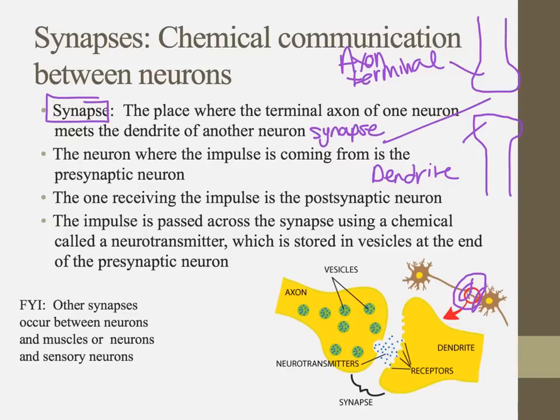So the synapse is the space. Sometimes we'll refer to this as the presynaptic neuron, pre meaning before, and the postsynaptic neuron. So a nerve impulse has to travel down the presynaptic neuron, cut across the synapse, and then get captured and travel down the postsynaptic neuron.